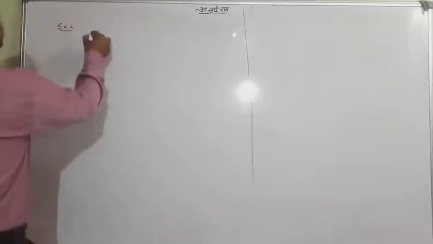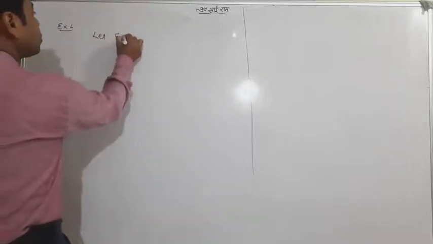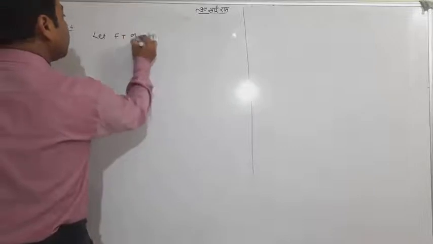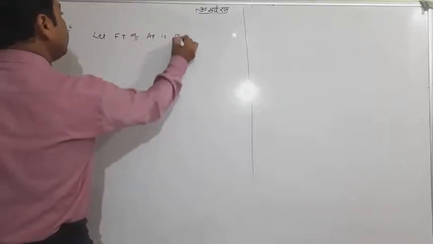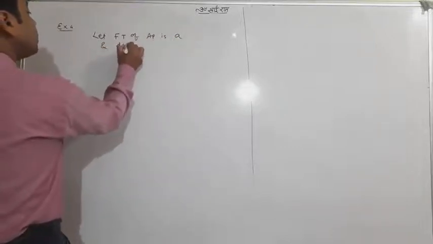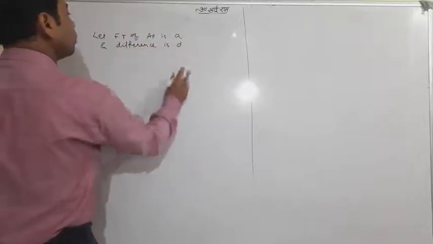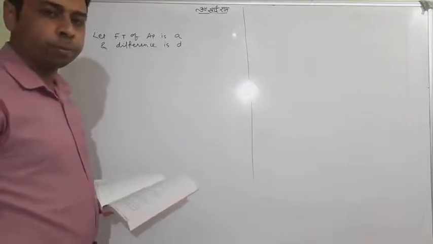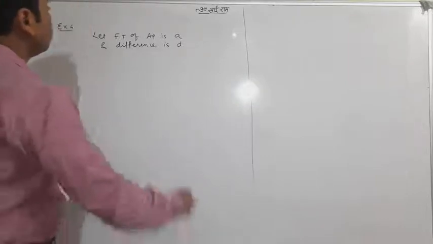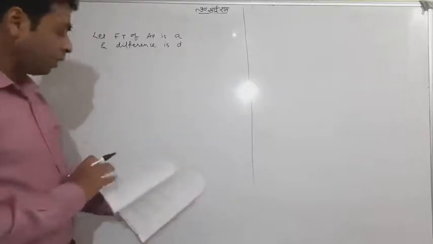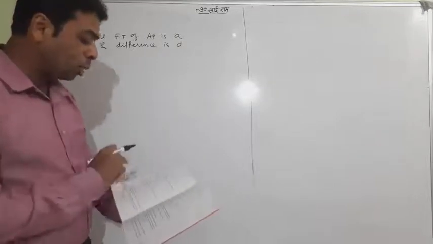First of all, we start with: let the first term of the AP be A and the common difference be D. Two things we always have to assume: first term and common difference. Then we read the sentence that the mth term is n.